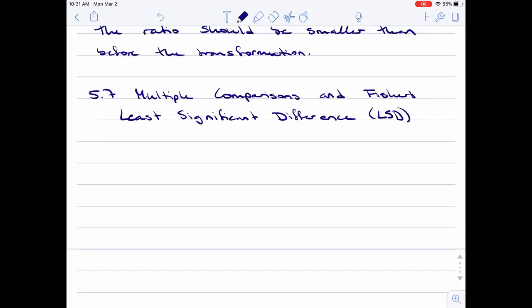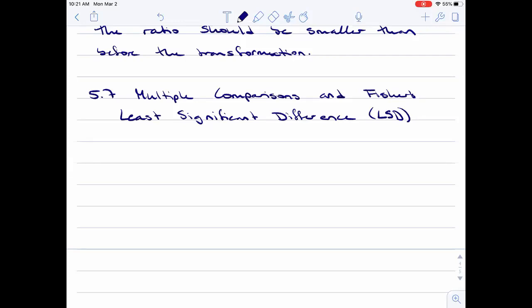One thing you have to keep in mind when doing multiple comparisons is that every time you run a t-test, there's an alpha probability that you make a type 1 error. If you use an alpha of 0.05, then there's a 0.05 probability of making a type 1 error.